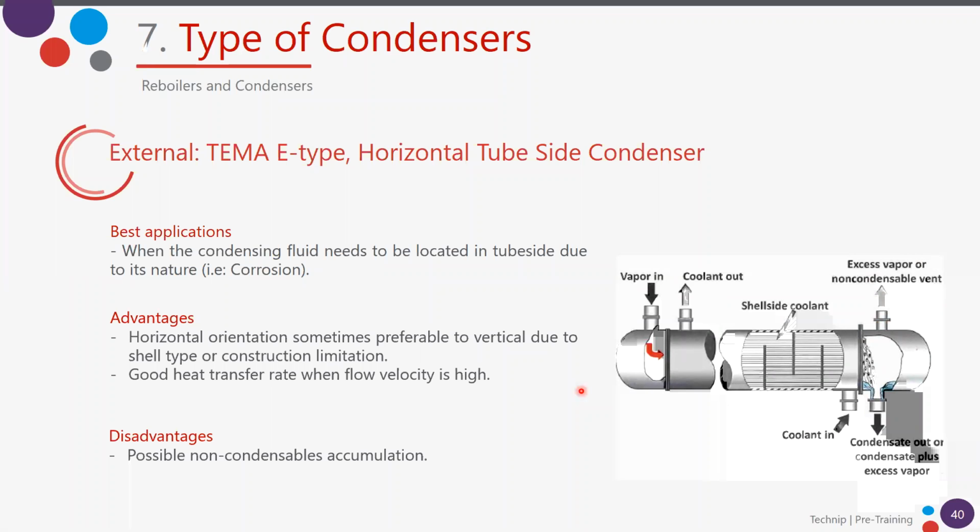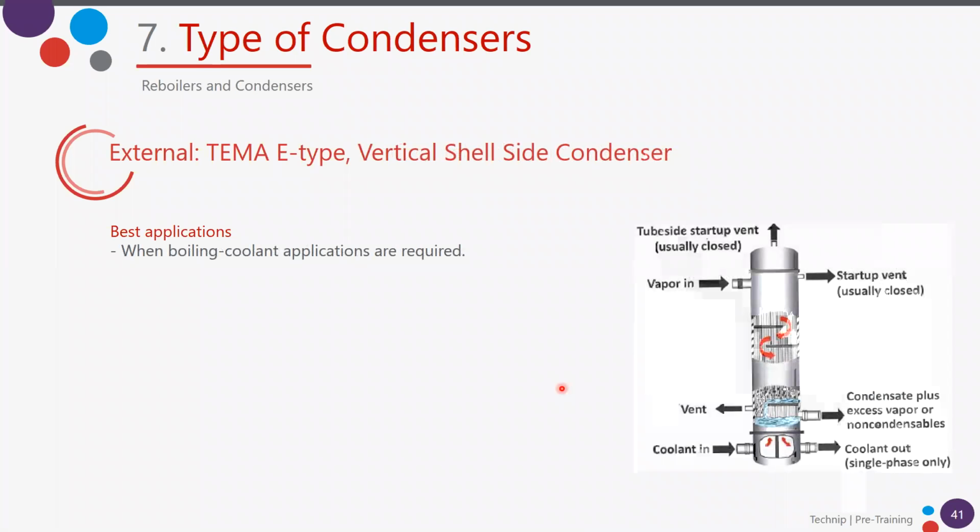So we have talked about the horizontal condensers. Now we will see the TEMA E type with a vertical shell side condenser, which means the vapor enters the shell side where it condenses.